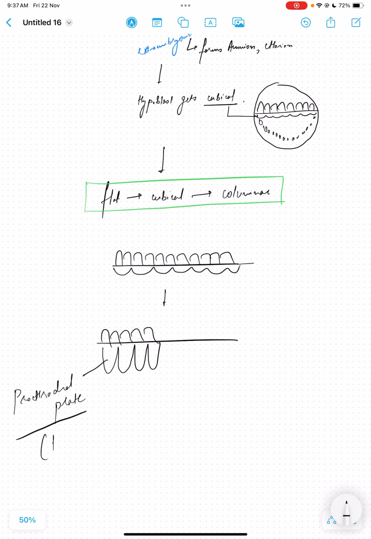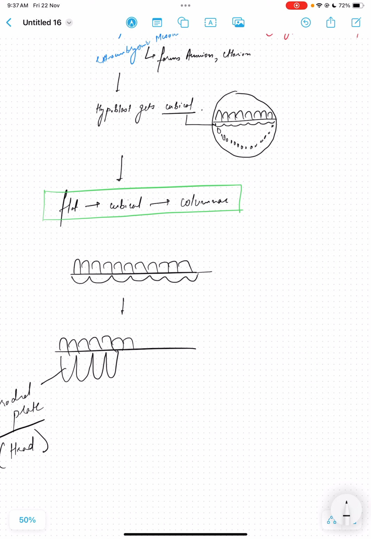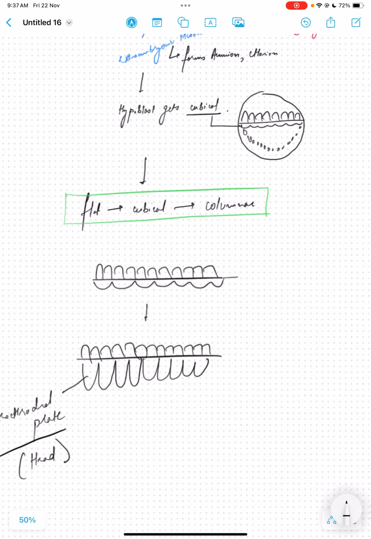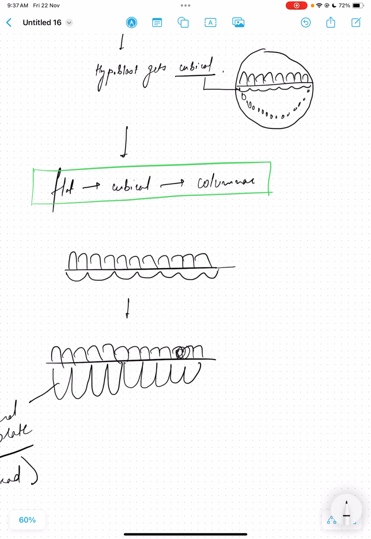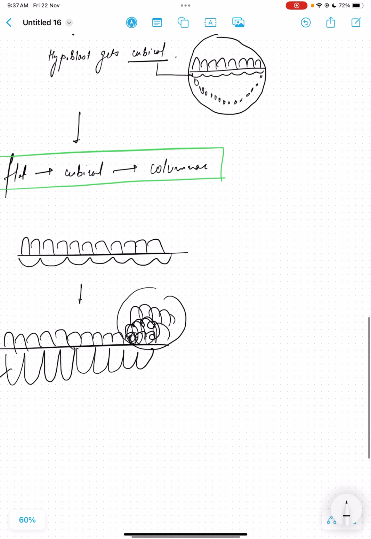Prochordal plate forms the head. This is our epiblast, this is our hypoblast. At some point this epiblast tries to multiply, and then there will be the formation of the primitive streak. Primitive streak forms the tail.